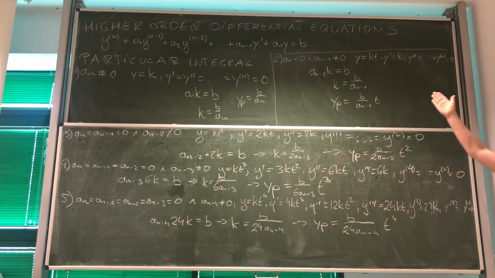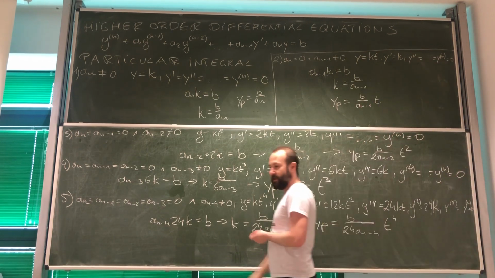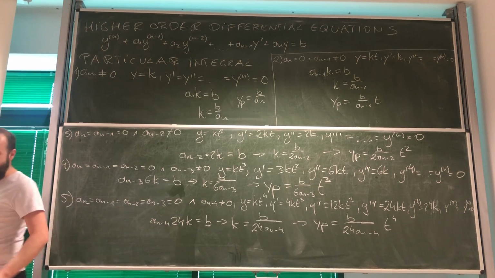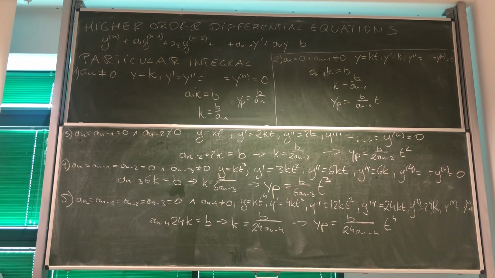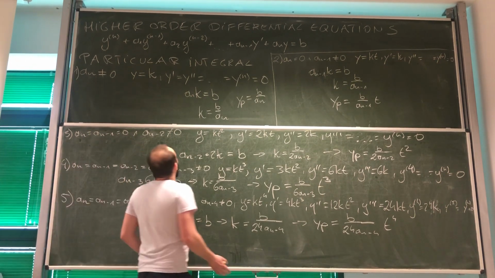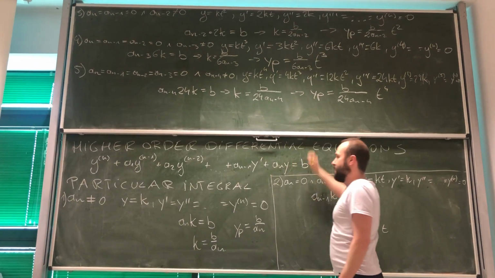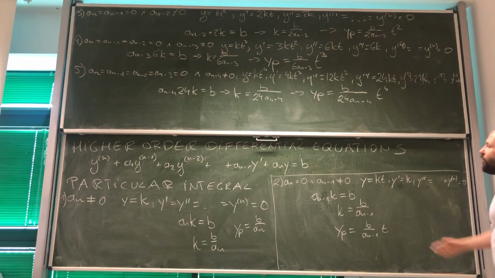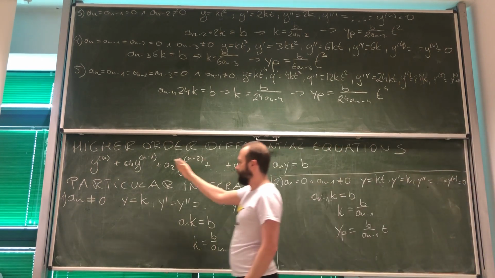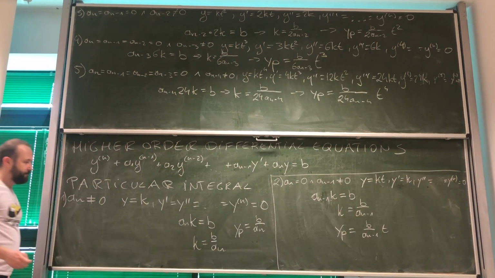So some number of a_n parameters is missing. Okay, so let's start from the beginning. Look, how many components in this equation are missing? 0, right?